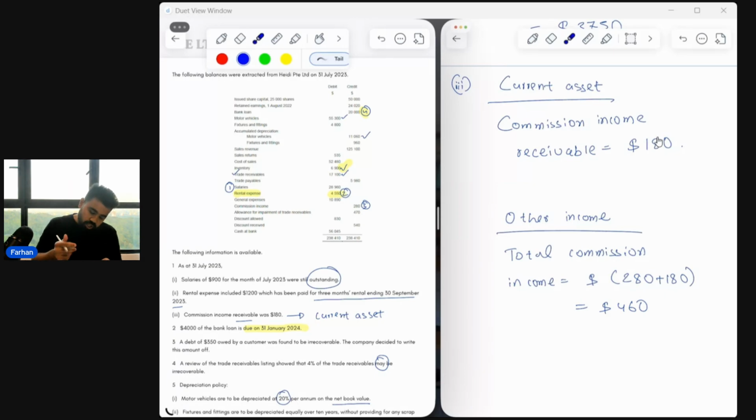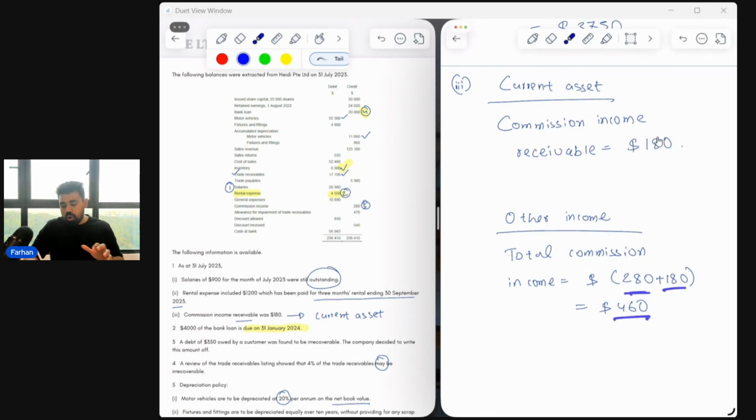So we had originally $280 given in the list of balances here, which is referring to the commission income that we have actually received in cash. Okay. And now we expect to receive an additional $180 in the next financial year, but this is actually an income which we have earned at 31 July 2023, right? So therefore, the total commission income earned that we report in the income statement is $280 plus $180, which is $460, okay?